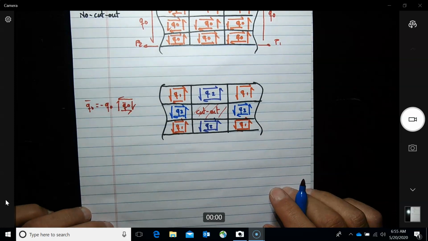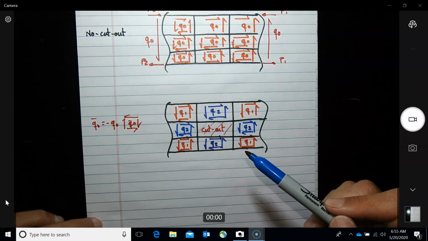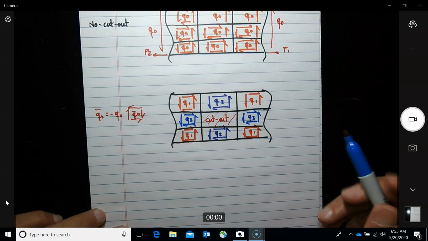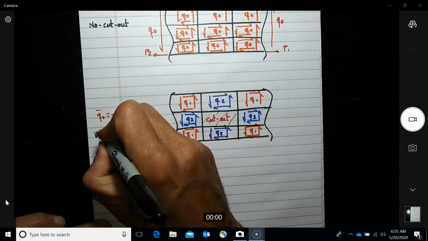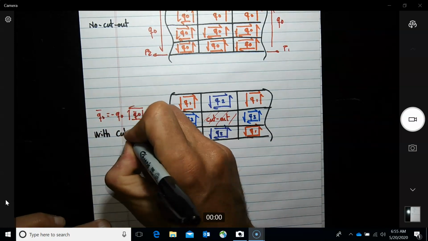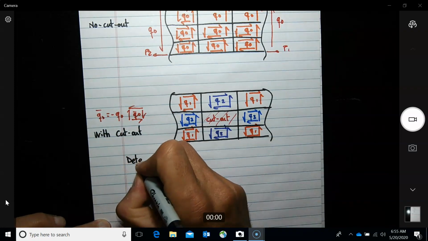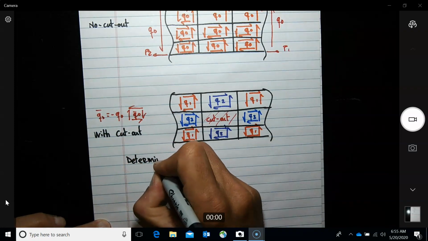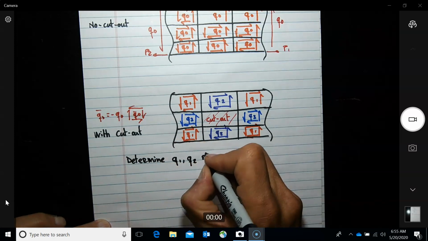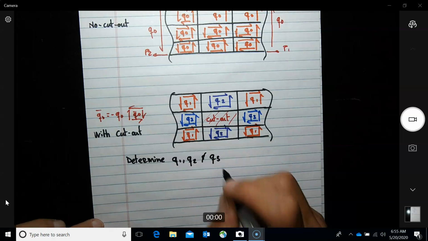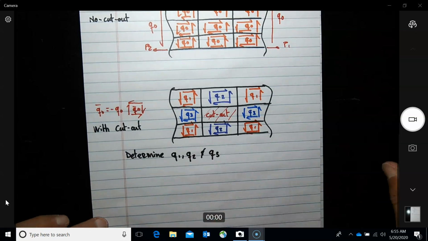So now, with the cutout, we need to determine what will be Q1, Q2, and Q3. So this will be step number 2.